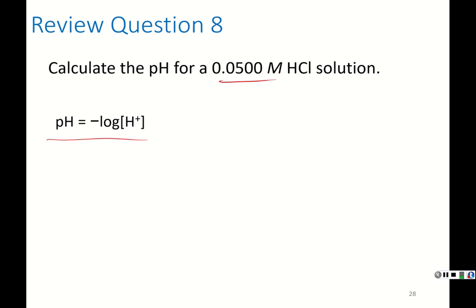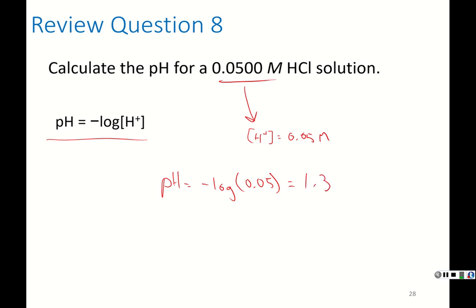So a 0.05 molar solution of HCl fully dissociates and becomes a 0.05 molar solution of H plus. So pH is just going to be minus log of 0.05, which is 1.3.